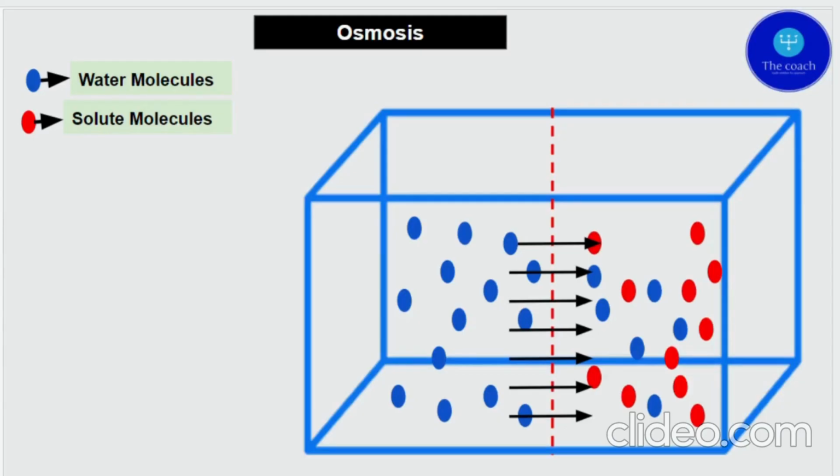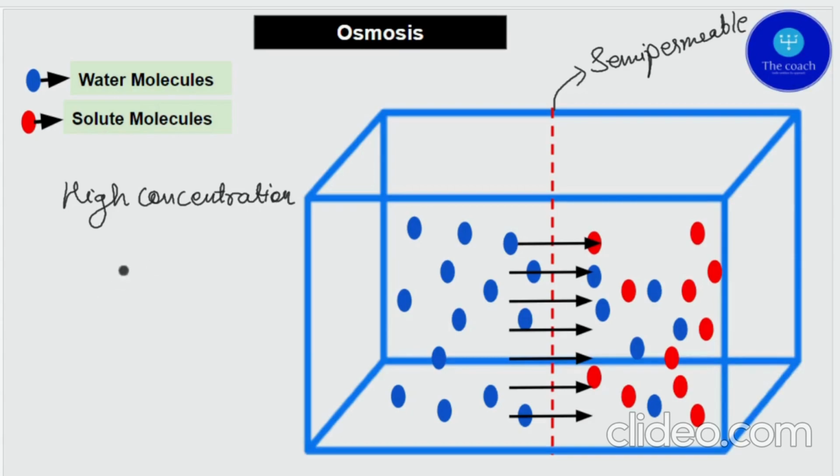Next is osmosis. Osmosis is a term specially used for diffusion of water molecules across a semi-permeable membrane. Here this is a semi-permeable membrane. It allows water molecules to pass through it but does not allow any solute to pass through it. In osmosis, water moves from a region of higher concentration, or you can say from its higher chemical potential, to lower chemical potential or low concentration, through a semi-permeable membrane.